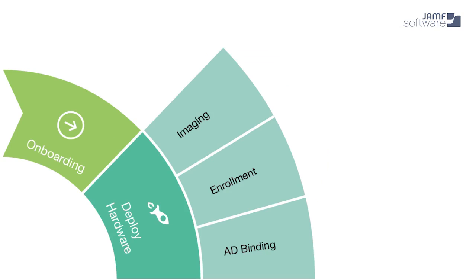Deploying hardware typically starts with some sort of imaging process, and that's where the Casper Imaging tool comes into play. This allows you to build and deploy images all within the Casper Suite.